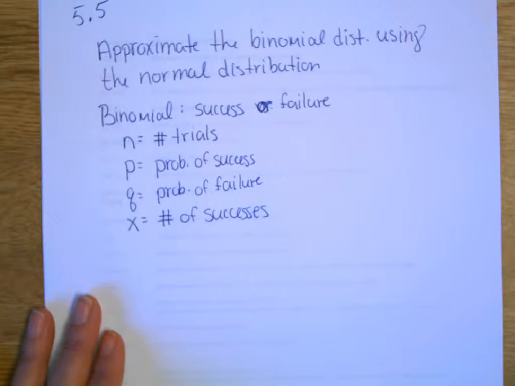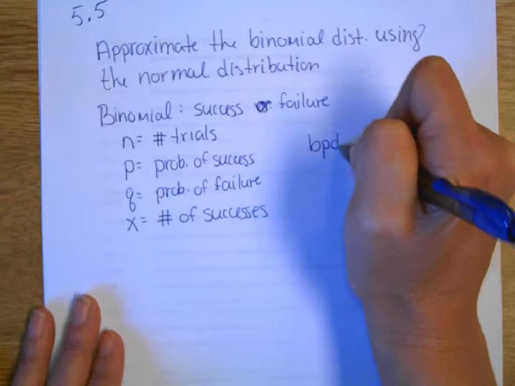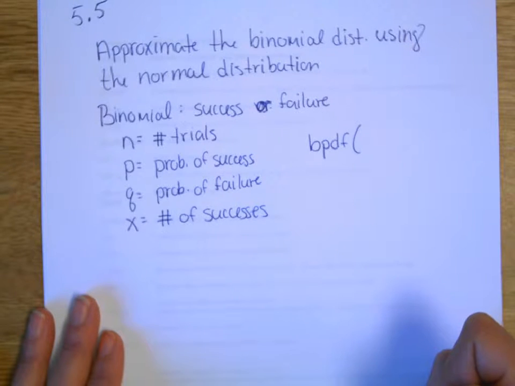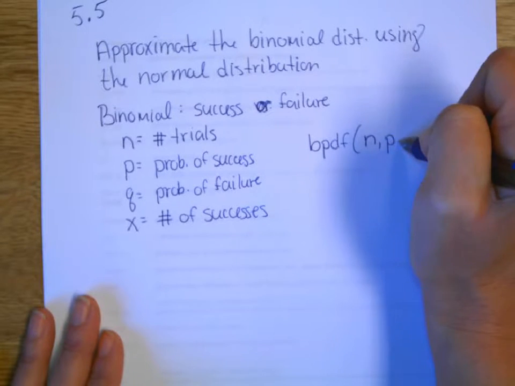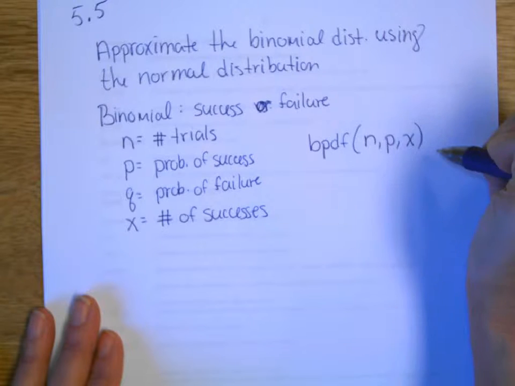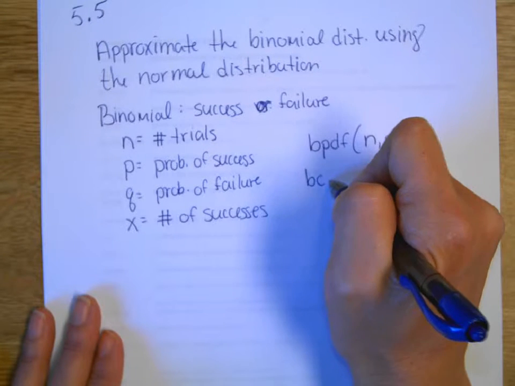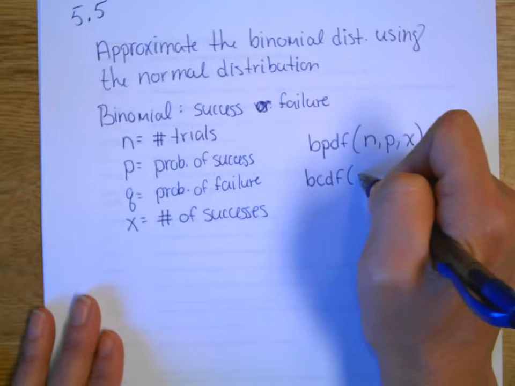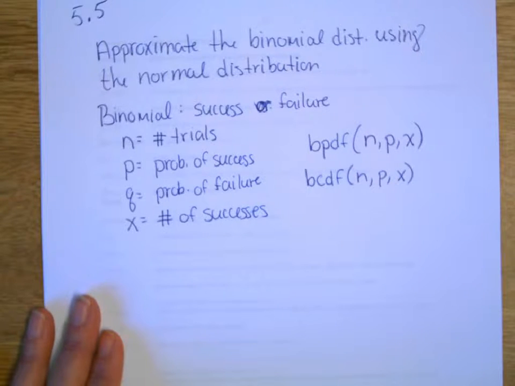And if we do have to do one with the binomial distribution, we're going to use the binom PDF and binom CDF. So we'll quickly review what you put into those programs. The binom PDF, you would feed this the number of trials, the probability of success, and then X, the number of successes. And it would give you that one probability. If you use the binom CDF and you fed it N, P, and X, what did CDF do for you?